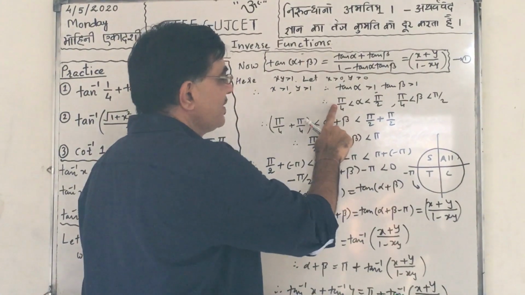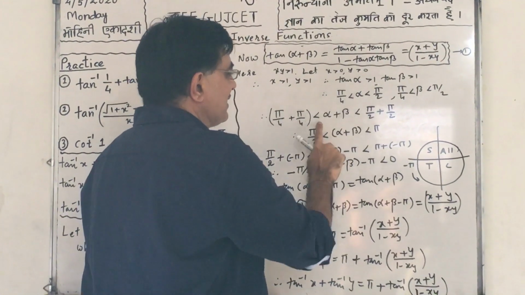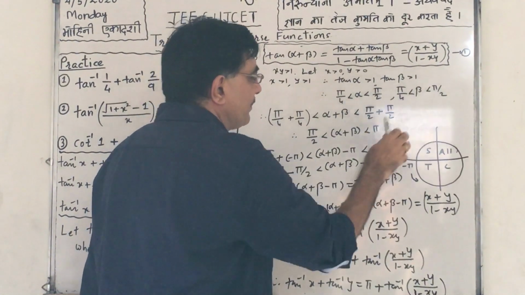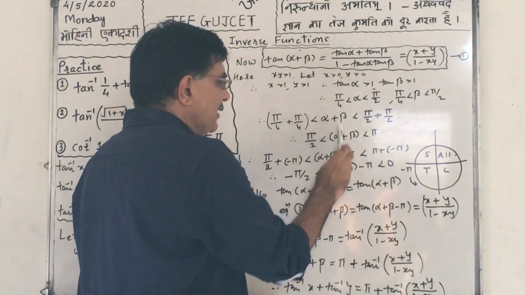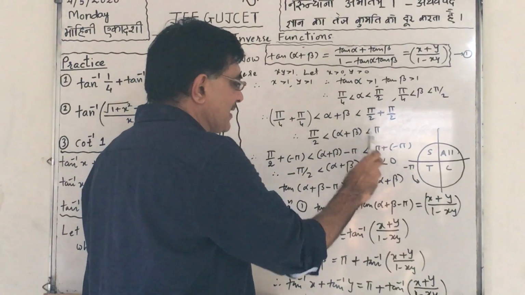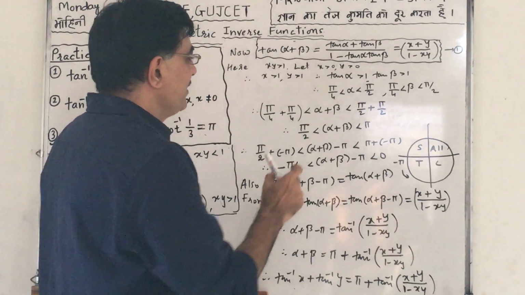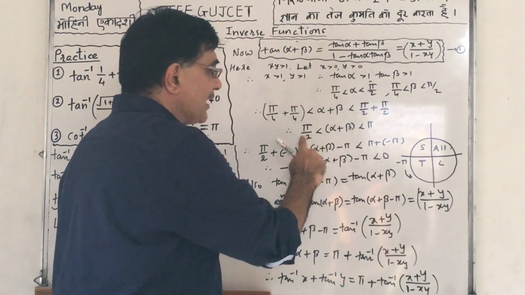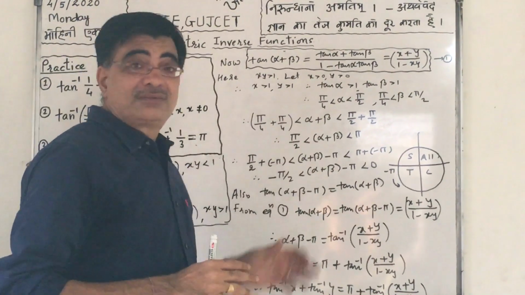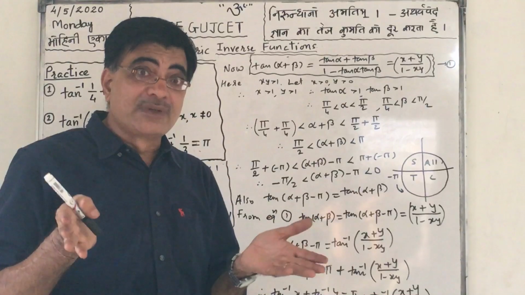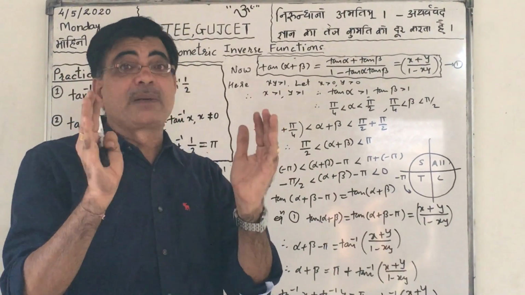Now adding these results, pi by 4 plus pi by 4 is less than alpha plus beta, which is less than pi by 2 plus pi by 2. Pi by 4 plus pi by 4 is pi by 2, less than alpha plus beta, less than pi. Now this alpha plus beta is outside the range of tan inverse. It is more than pi by 2. We know that the range of tan inverse is the open interval minus pi by 2 to pi by 2.